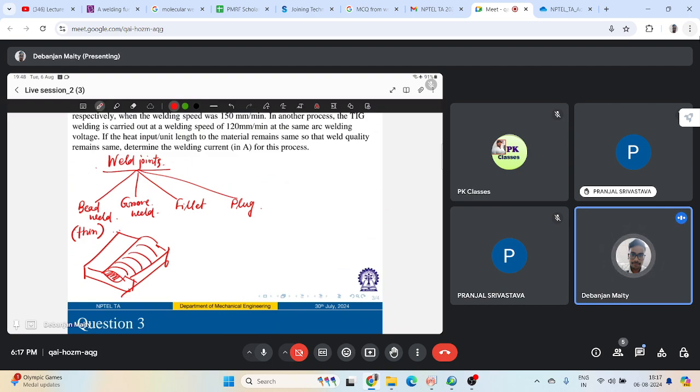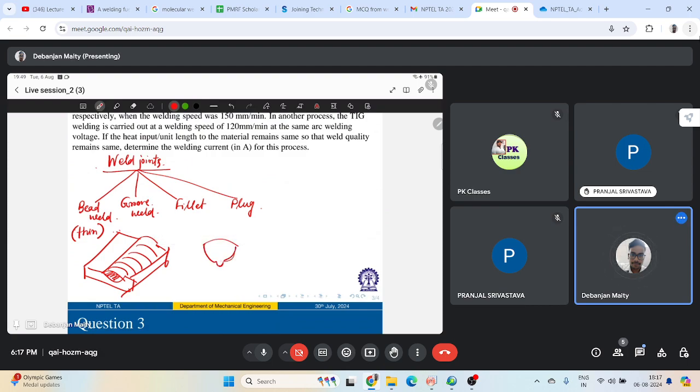kind of edge preparation. There can be different kinds of edge preparation. You can have some V, double V, U groove, J groove. These are different kinds of common grooves which you can prepare to make a groove weld. How do they look in a groove weld? If I draw the cross section only, they look something like this.